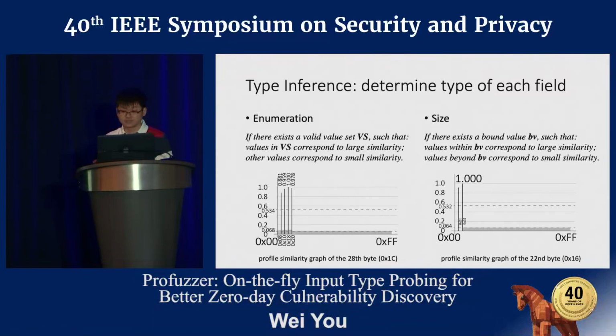The values smaller than the bound have a relatively high similarity score, since the input is lengthy enough for the amount of data to be read for further processing, while the values larger than the bound have a very small similarity score, indicating early termination.